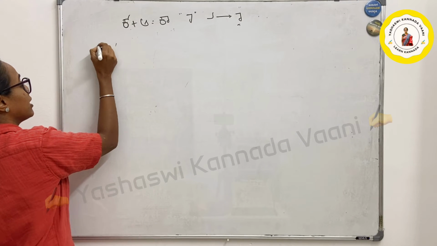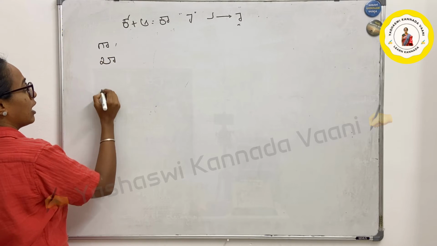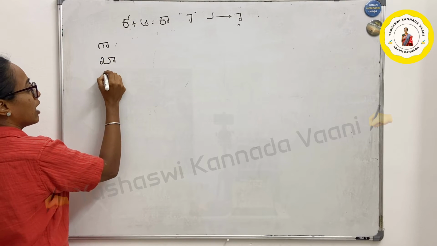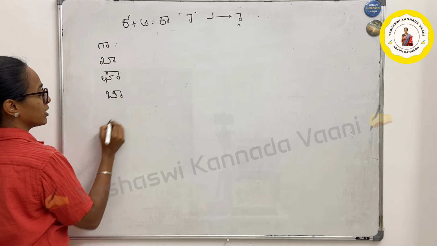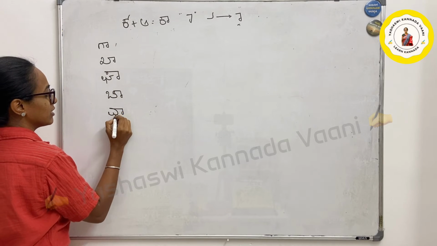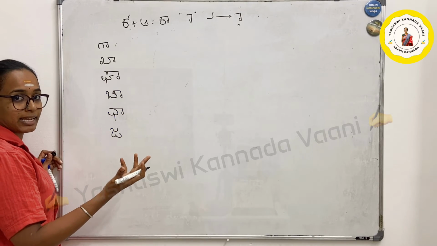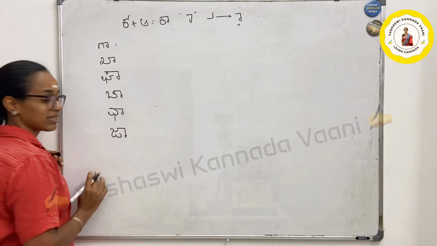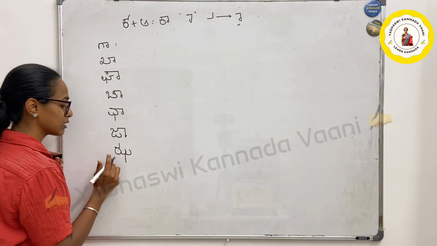So the same thing, ga, kha, ja, cha. Remember for ja, you don't have that tail, so you will take it from here. Ja is a very special letter.